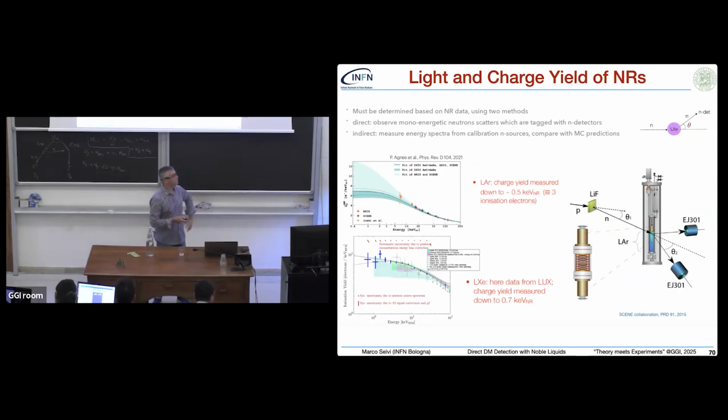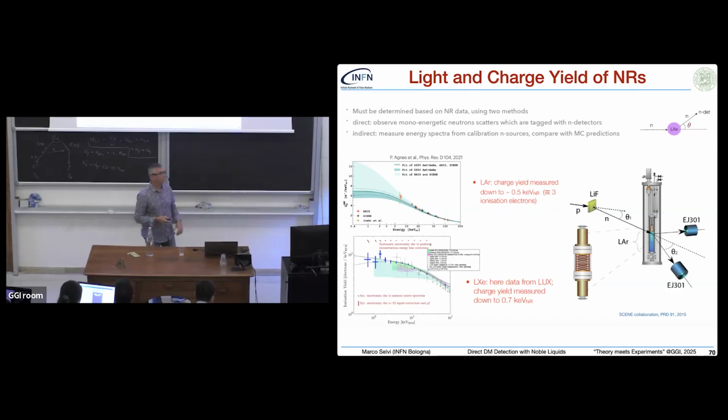How these measurements are done could probably take an hour of a lecture, but these experiments are extremely tricky because you use very small detectors. You start with known fixed energy particles, either neutrons or gammas, to reconstruct fully the kinematics, and then you go to a certain angle detecting the particle.